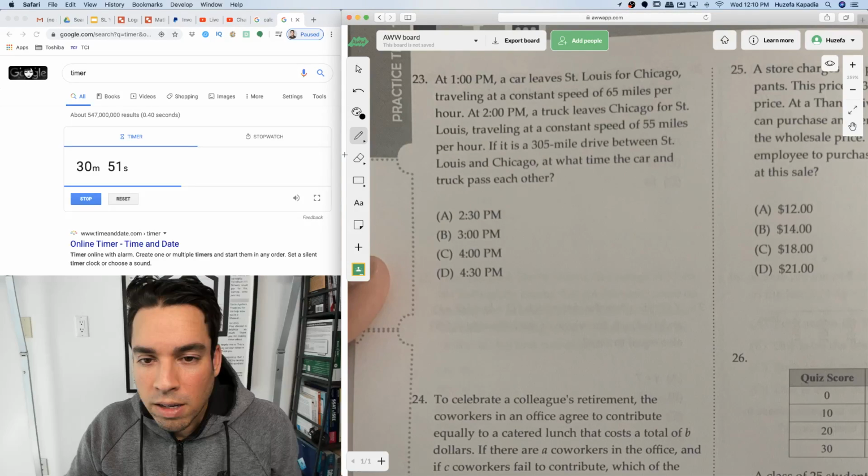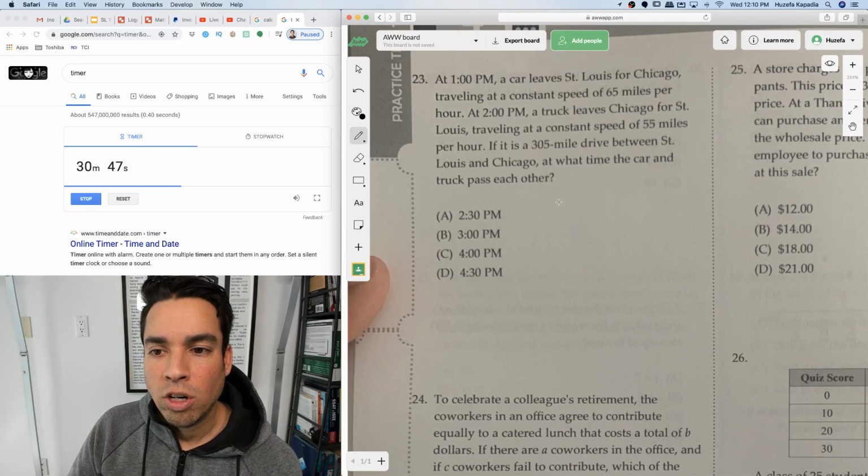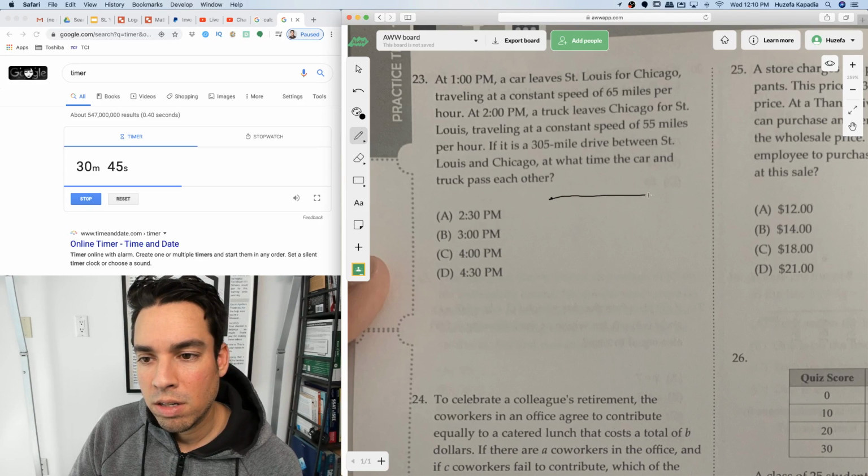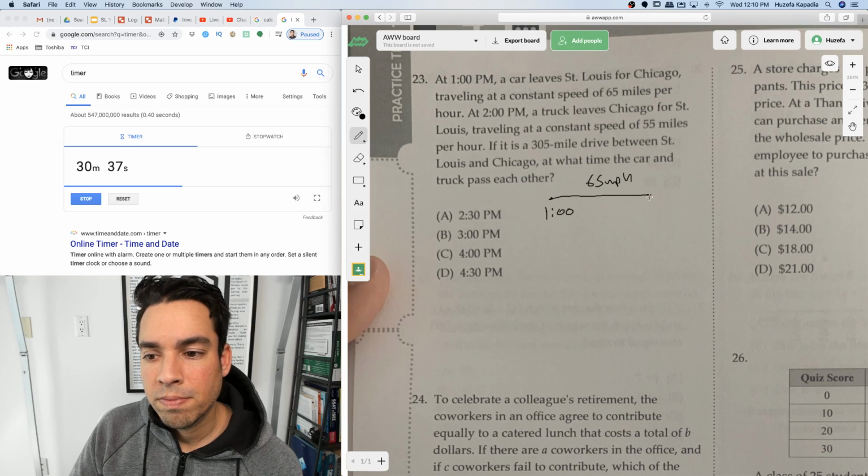At 1 p.m., a car leaves St. Louis for Chicago, traveling at a constant speed of 60 miles per hour. Okay, let's say St. Louis to Chicago. At 2 p.m., a truck leaves Chicago for St. Louis.